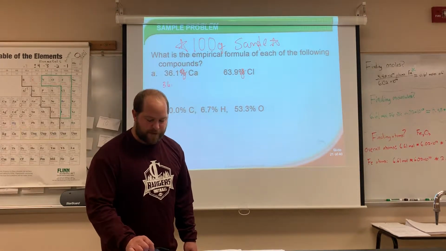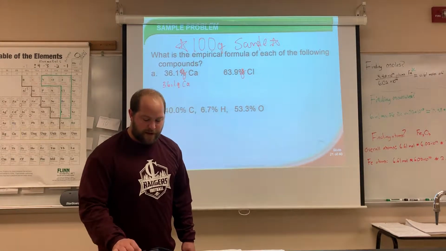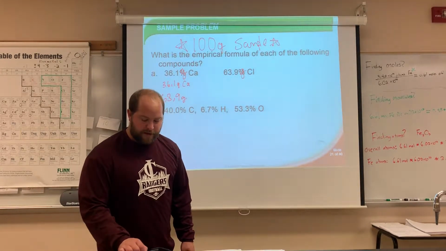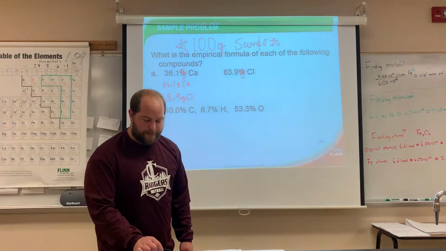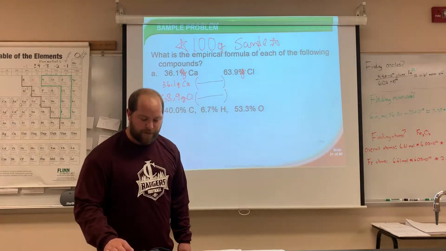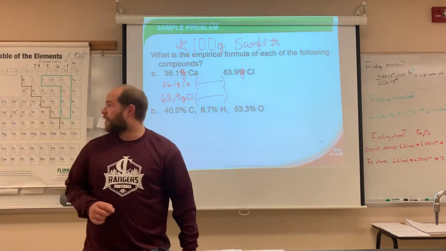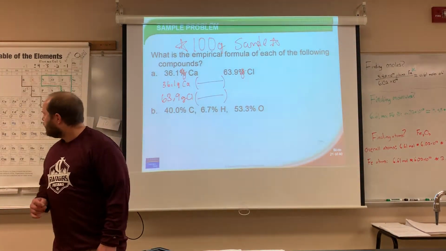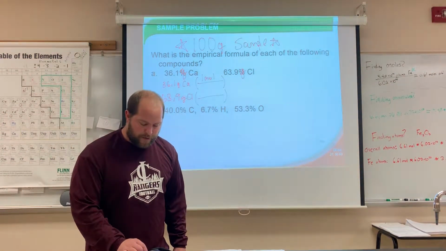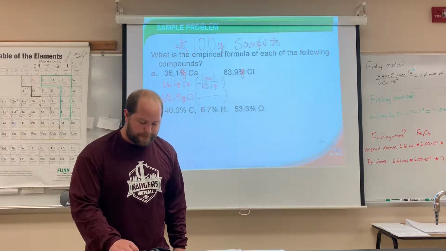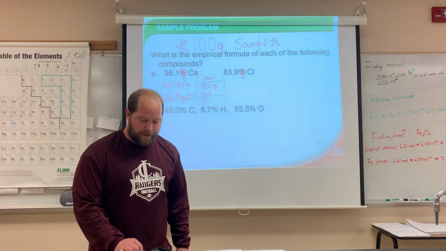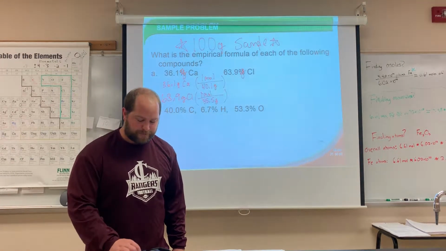So I have 36.1 grams of calcium, and I have 63.9 grams of chlorine. We have to convert them to moles, then we can compare moles to moles. Calcium's molar mass is 40.1, so 1 mole per 40.1 grams. Chlorine's molar mass is 1 mole per 35.5 grams.